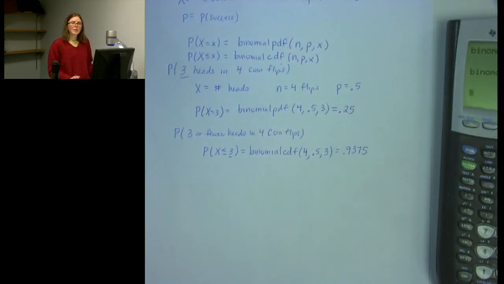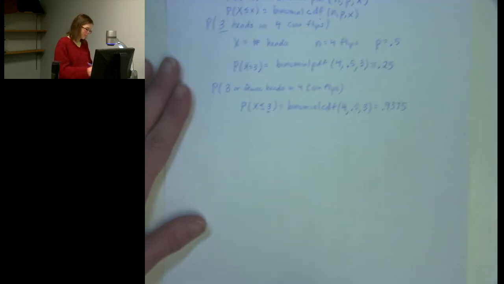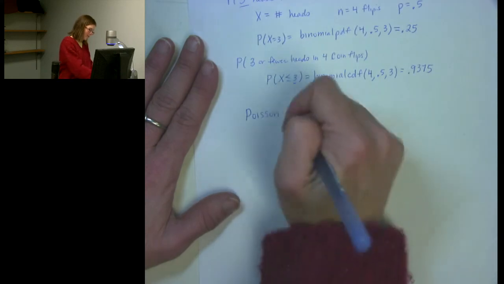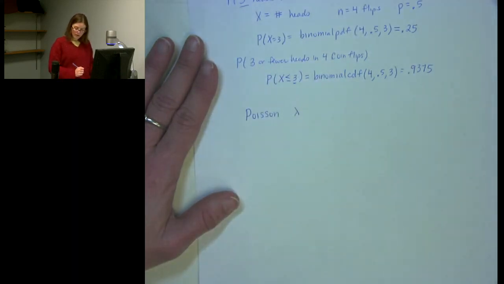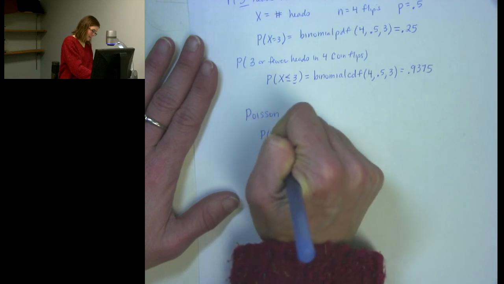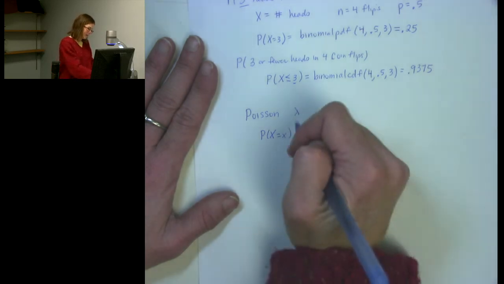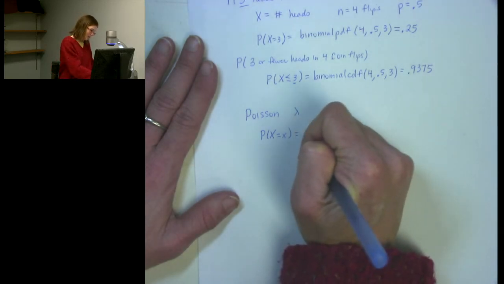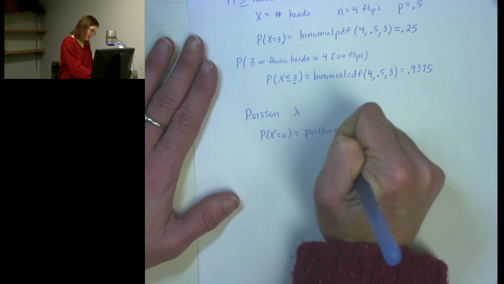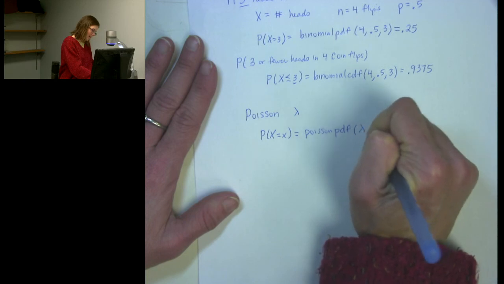We can do the same kind of thing with the Poisson and the geometric. For the Poisson, remember our parameter is lambda. So if we want to find the probability that x is exactly equal to a particular value, then we can use the Poisson PDF. We enter our lambda value and our x value.